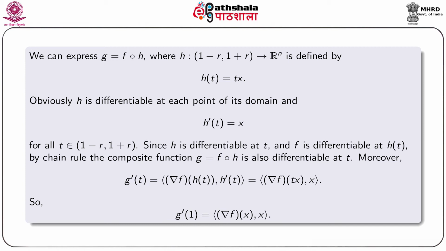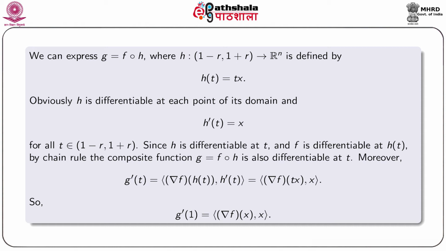Since h is differentiable at t and f is differentiable at h(t), by chain rule the composite function g equal to f composed with h is also differentiable at t. Moreover, g dash t equal to the inner product of gradient f at h(t) and h dash t, that is gradient f at tx and x.